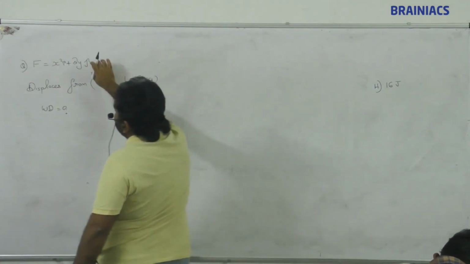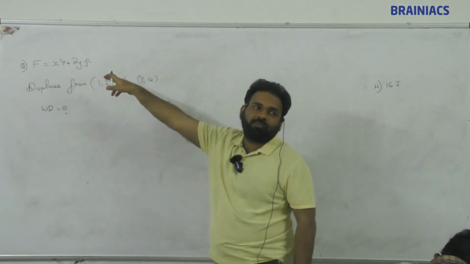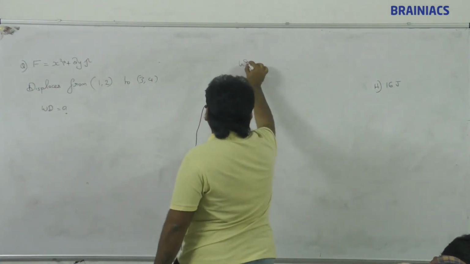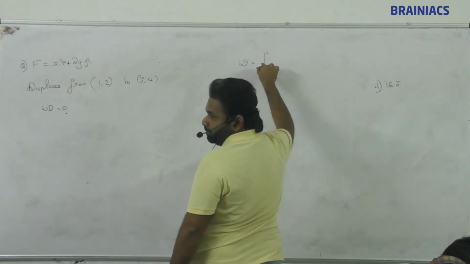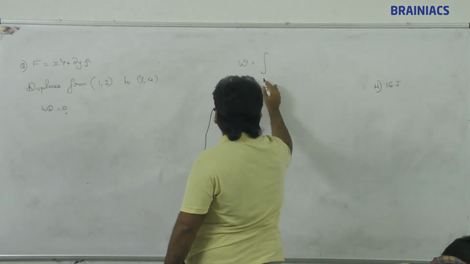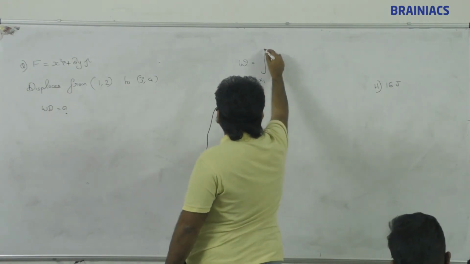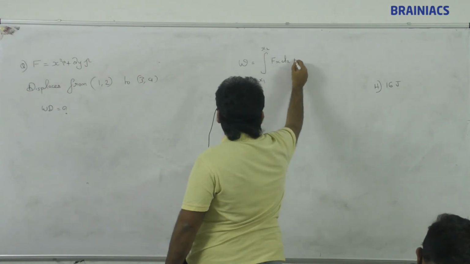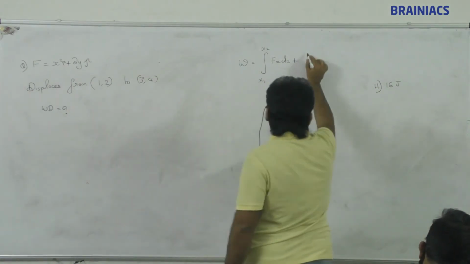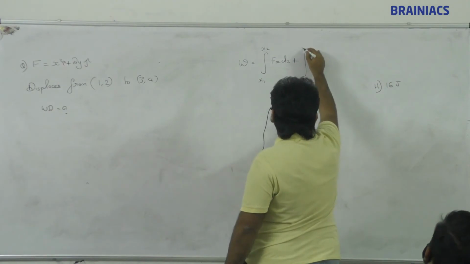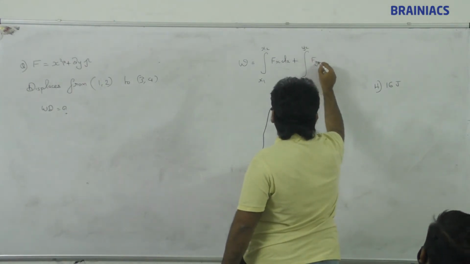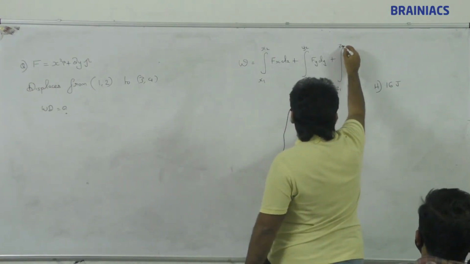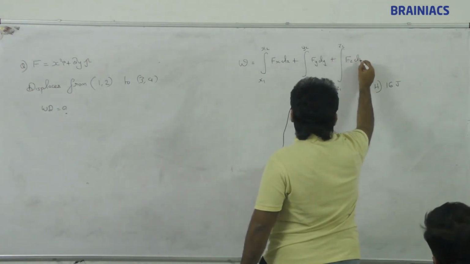Now the thing is, is this a constant force or a variable force? Work done is equal to integral x1 to x2 Fx dx plus integral y1 to y2 Fy dy plus integral z1 to z2 Fz dz.